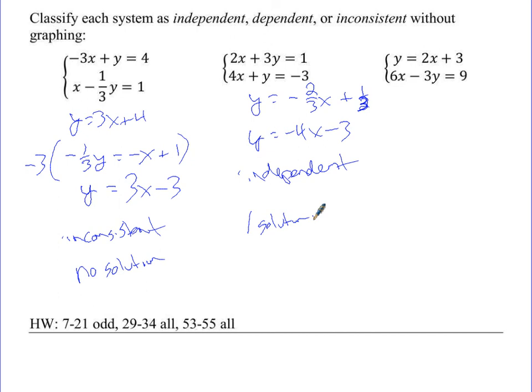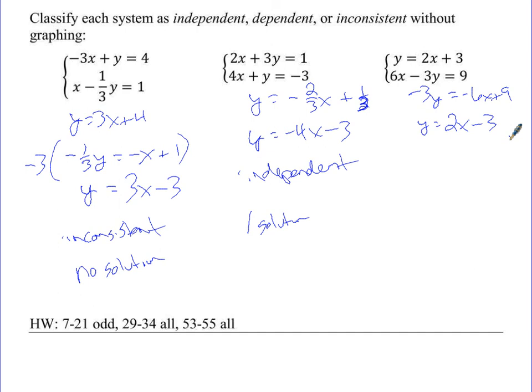Finally, for the last one, already in slope-intercept form here, I subtract 6x from both sides, so now I have negative 3y equals negative 6x plus 9. Divide both sides by negative 3, and I have y equals positive 2x minus 3. Compare the two slopes. They are the same.